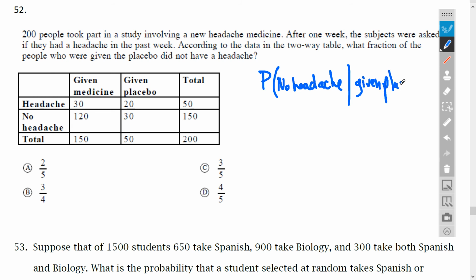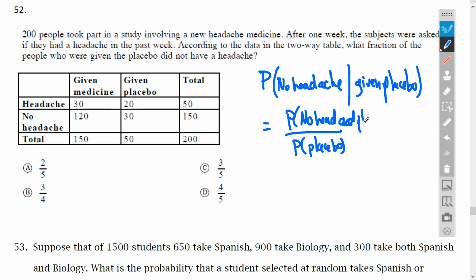Because we know that they were given the placebo, so this is a conditional probability. We want to know the probability that they did not have a headache. So the denominator would be the probability of the given, which is placebo, and the numerator would be the probability of both, no headache and placebo.